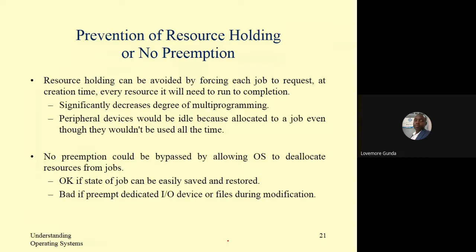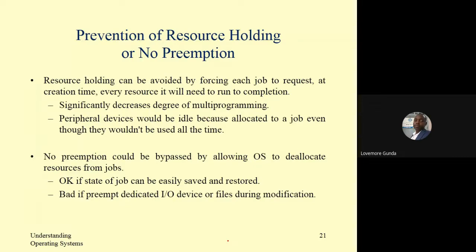Resource holding can be avoided by forcing each job to request at creation time every resource that it will need to run to completion. So in this situation, we are saying, as soon as a process is being created, its required resources are also determined and the requests are made there.